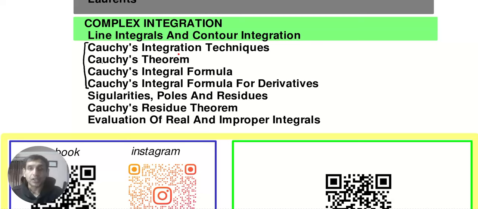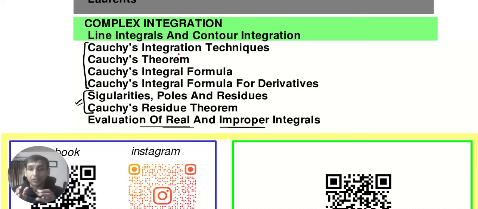Then we will talk about singularity and complete Cauchy's residue theorem. And finally, there are three types of integrals in evaluation of real and improper integrals. After that, we will jump to set transformation.